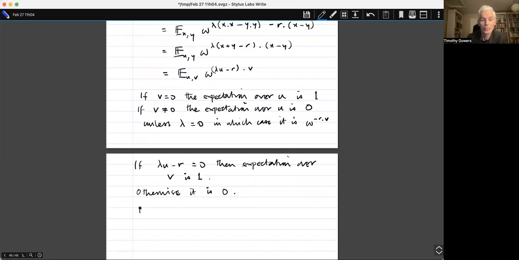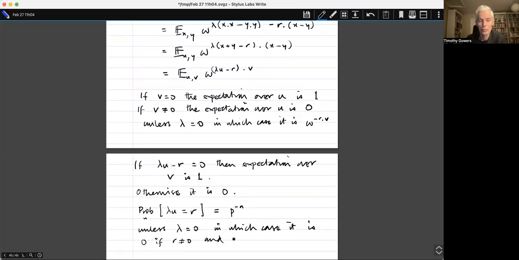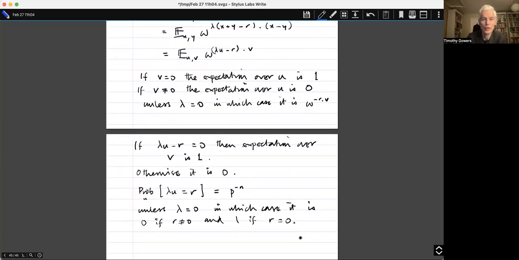The probability that lambda u equals r equals p to the minus n. So that's the probability if I pick a random u, unless lambda equals 0, in which case it is 0 if r doesn't equal 0, and 1 if r equals 0.